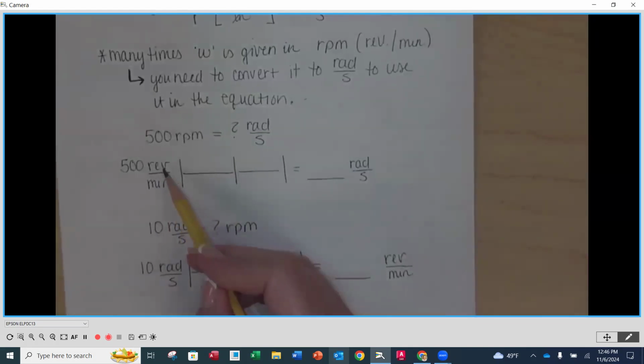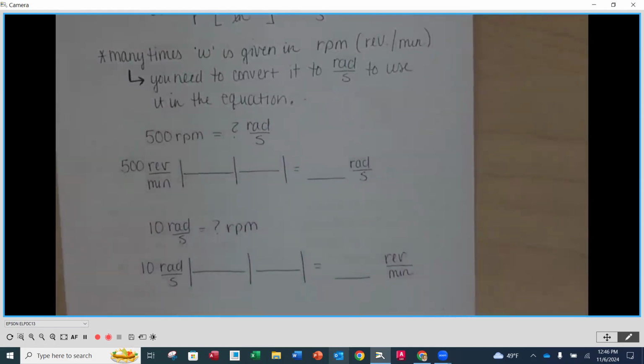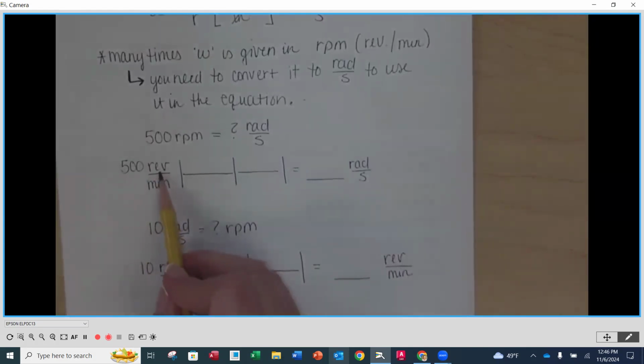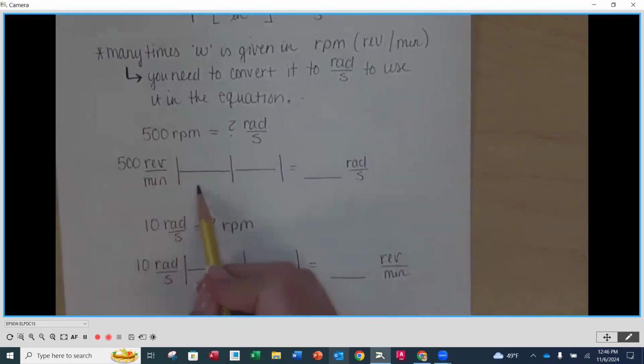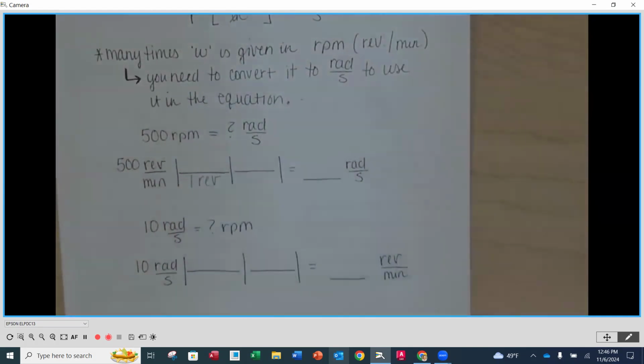So as we look here, we've got revolutions on top and minutes on the bottom. I need to get this into radians on the top and seconds on the bottom. So I'm going to start with my revolutions. If my revolutions are in the numerator, that means directly down here, I'm going to put revolutions in the denominator, 1 revolution in the bottom.